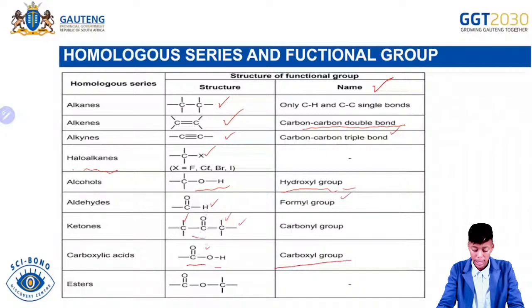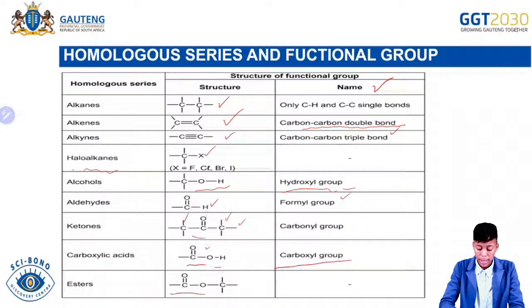Then we have esters. How do you identify esters? Esters have C double bond O and then O, and where is it normally going to be? It's normally going to be in between what? In between two carbons.